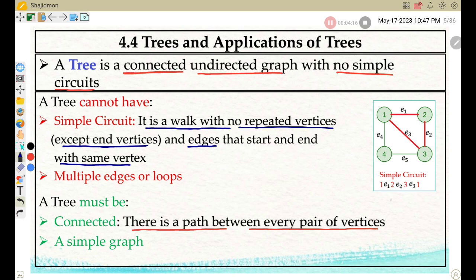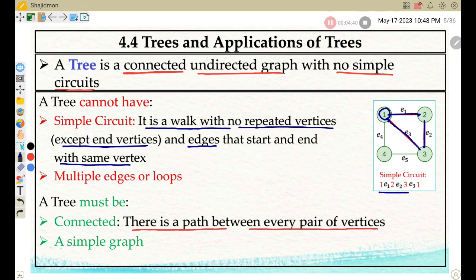For example, one graph is given here. In this graph, if I travel from vertex number 1 to vertex number 2, then to number 3, then again come back to vertex number 1, the starting vertex and ending vertex are the same, number 1, and there is no repetition of vertex and no repetition of edge. So this is a simple circuit.